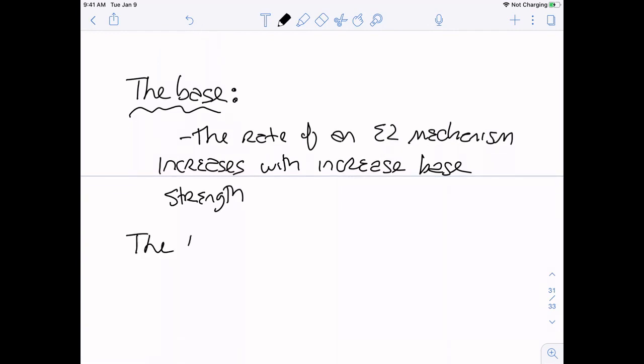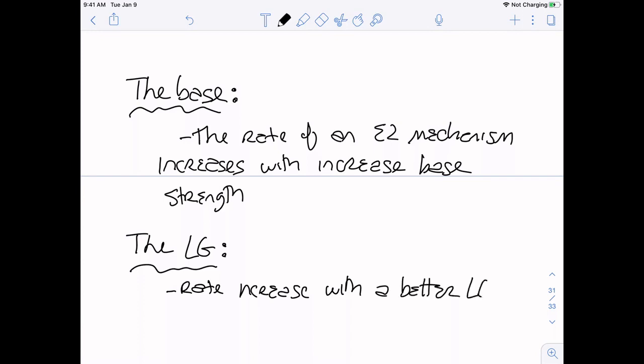The leaving group, and this is going to be true for all of our different mechanisms, the leaving group is involved in our rate determining step, so the rate is going to increase with a better leaving group.